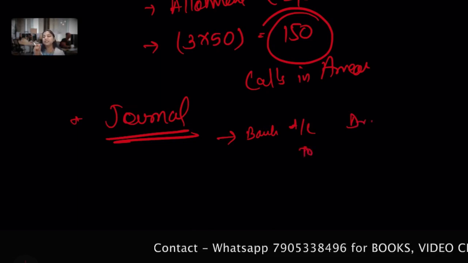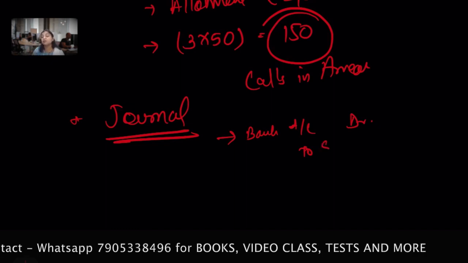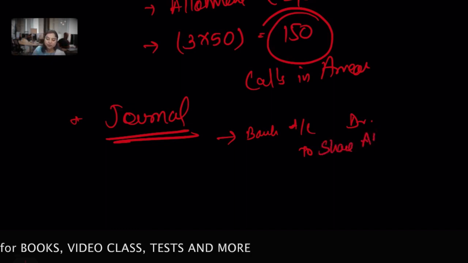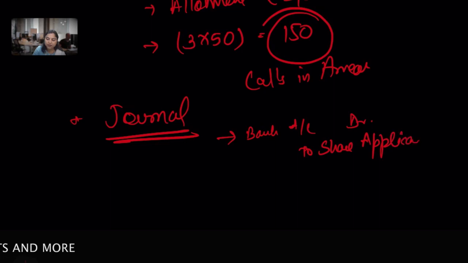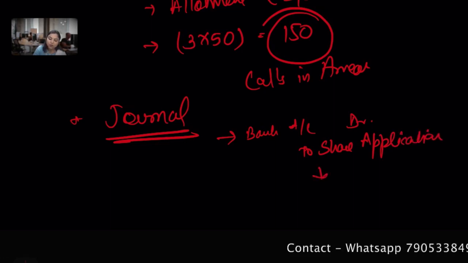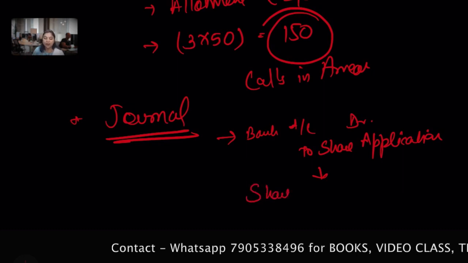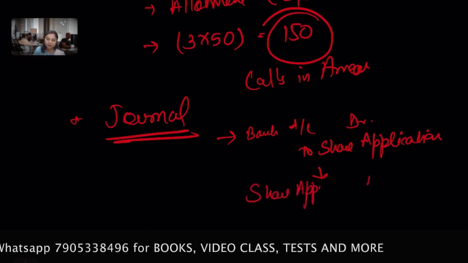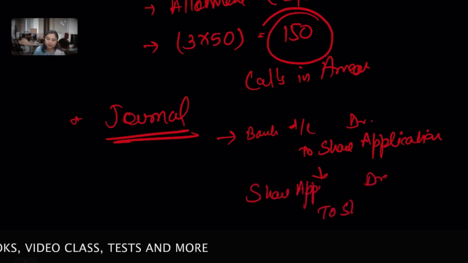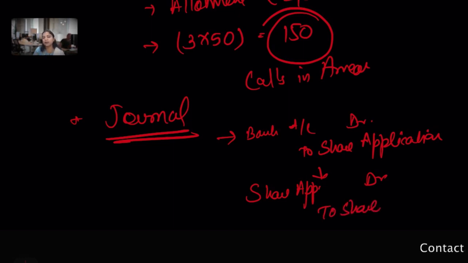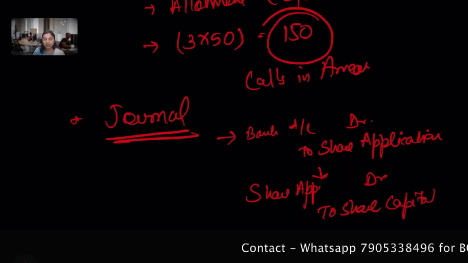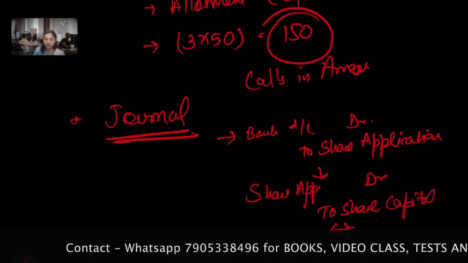I want you to feel and understand every transaction, okay? Why did we do share application? It's because you applied for the shares. Since I don't know you, first you have to pay me, and after that I'll raise share application debit to share capital, because now if I give you an allotment, it becomes my share capital. Clear? Nothing to memorize here.